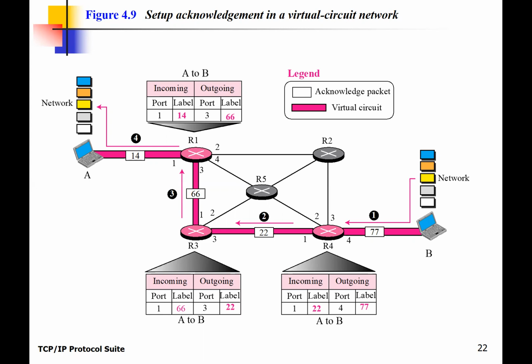I will know I have to send it through port 3, and which label will I give it? Label it 22. Then the message is going to come here. I will know when the label is 22, what I have to do. Send it through port 4, and which label do I have to give? And when this device receives a message with label 77, okay, I will know that's meant for me. All right, we'll show you how.